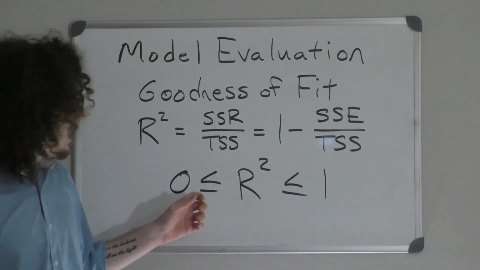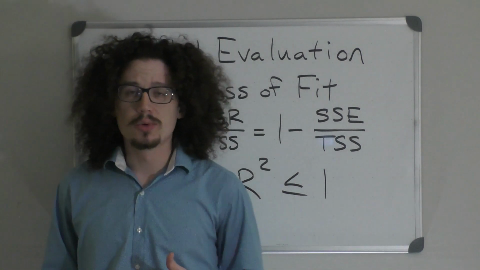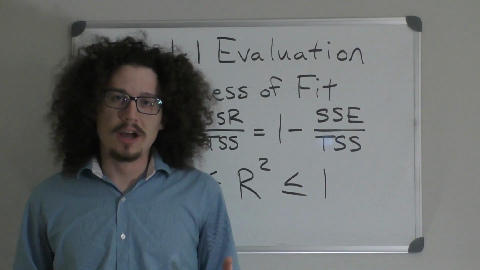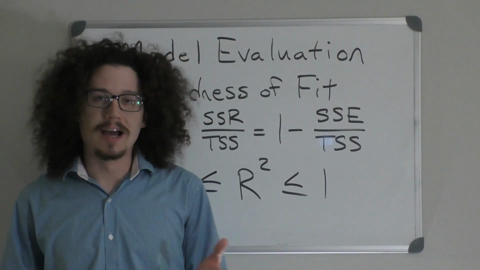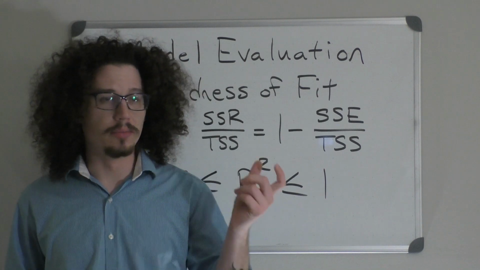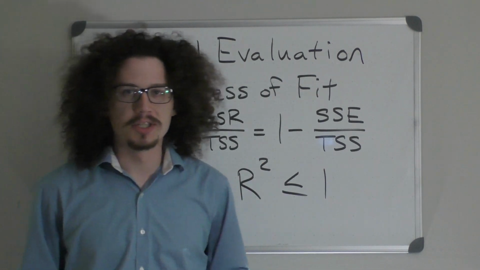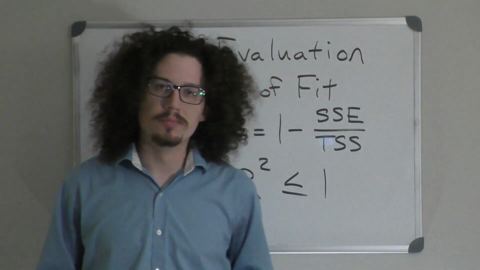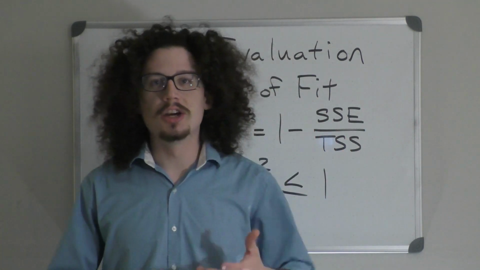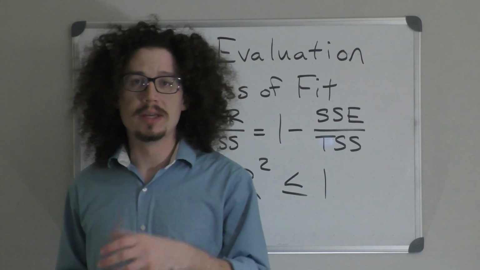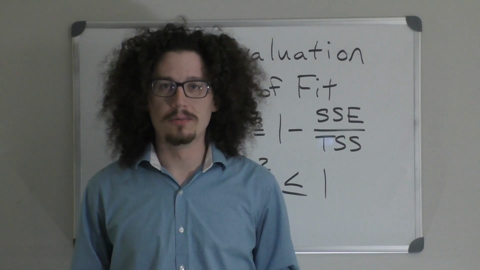All right. The interpretation of R squared is the R squared times 100%, because R squared is going to be a decimal value, so to get into a percentage we multiply it by 100. It's that percentage of variation in the dependent variable that's explained by the model.